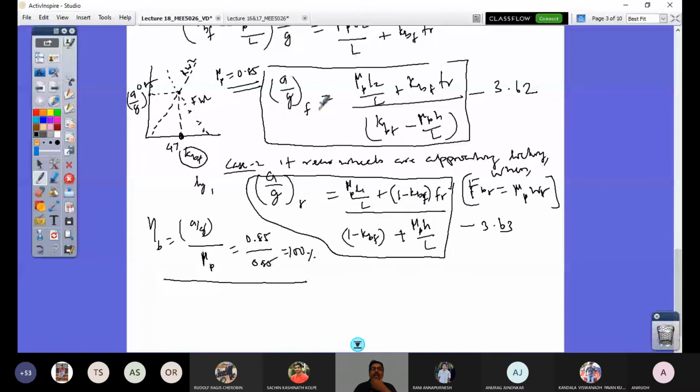Somewhere here is the limiting boundary to prevent my front wheel locking. So what is the corresponding deceleration? You see, it is lesser than this. So this value divided by 0.85 is going to give me less braking efficiency. Less braking efficiency means you would not brake your vehicle with the minimum distance. It will take more distance, right?